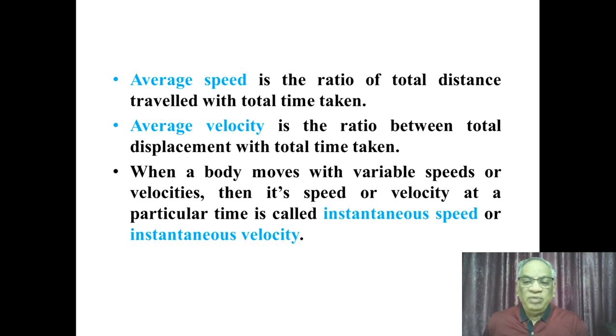If it is moving with uniform values, then we can take average speed and average velocity. But if it is moving with variable or non-uniform values, then we have to calculate instantaneous speed or instantaneous velocity at a particular time of interest.